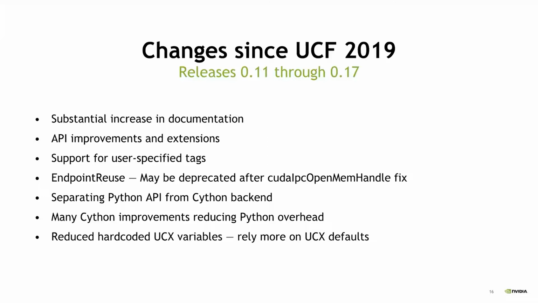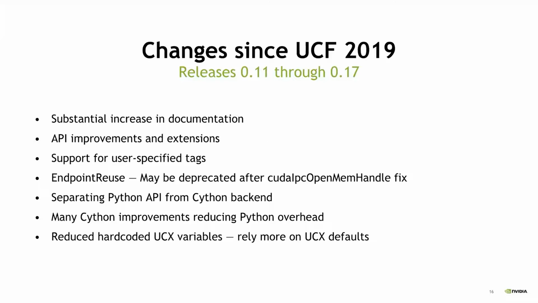But Cython will convert that code into C++ before, so it requires a compilation step. It's not just an interpreted language. And we did a lot of improvements on the Cython code to reduce the Python overhead.